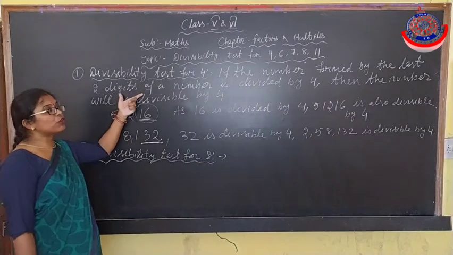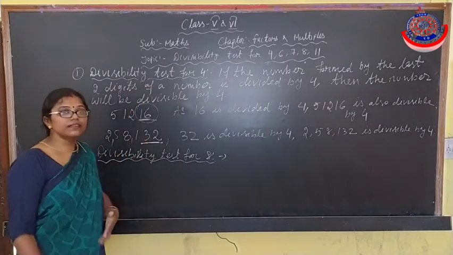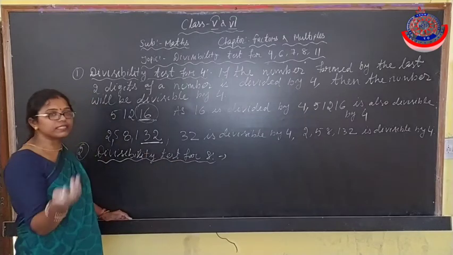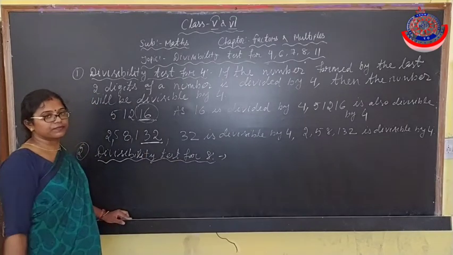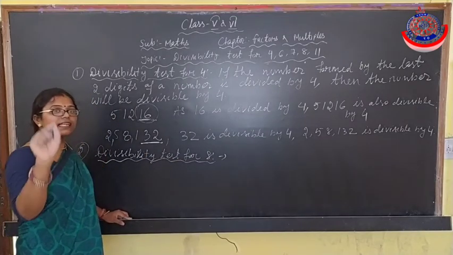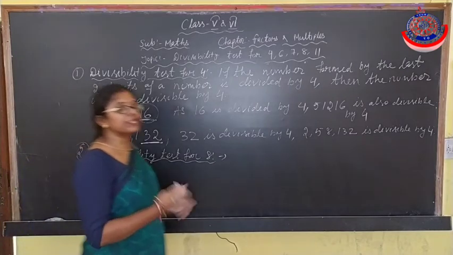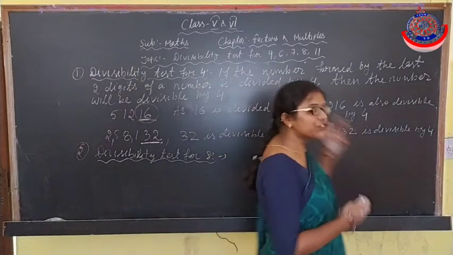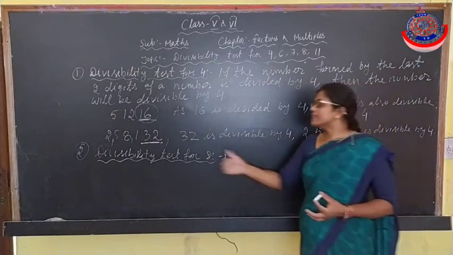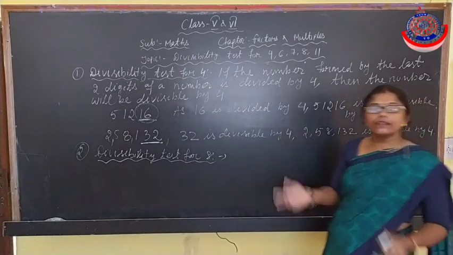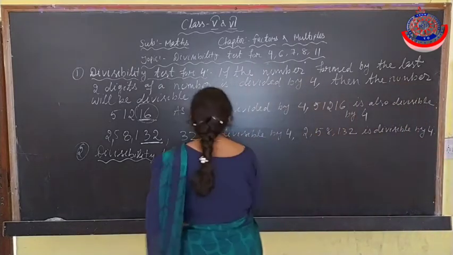In case of 4, we have checked the last 2 digits. But in case of 8, we have to consider the last 3 digits. That means hundreds, tens and ones. If the last three digits of a number is divisible by 8, the number will be divided by 8.